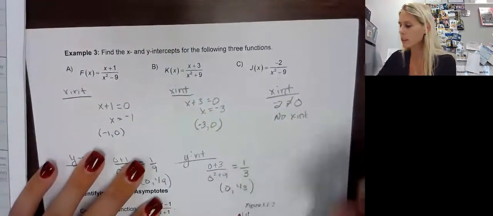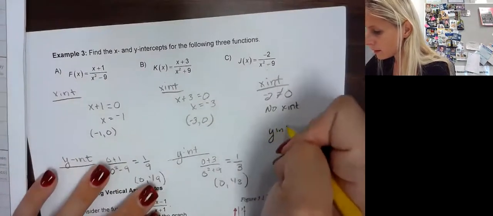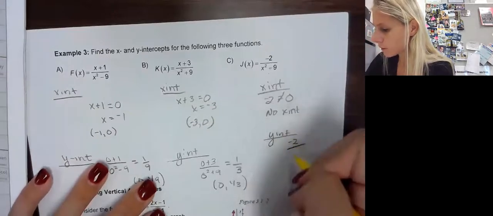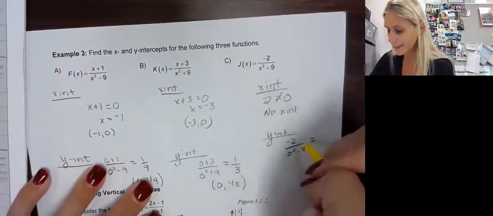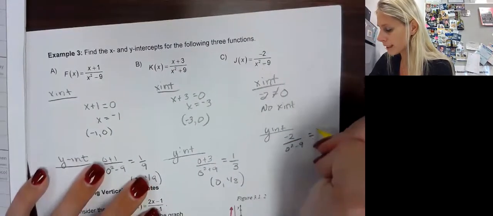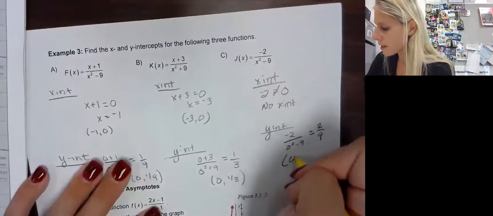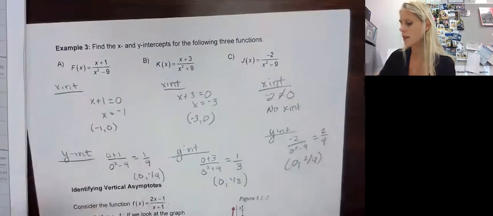So no x-intercept. Y-intercept, right? Negative 2 all over 0 squared minus 9. So we get, don't forget, it's a negative over negative, which is a positive, so 2/9. So we get 0, comma, 2/9. Done.